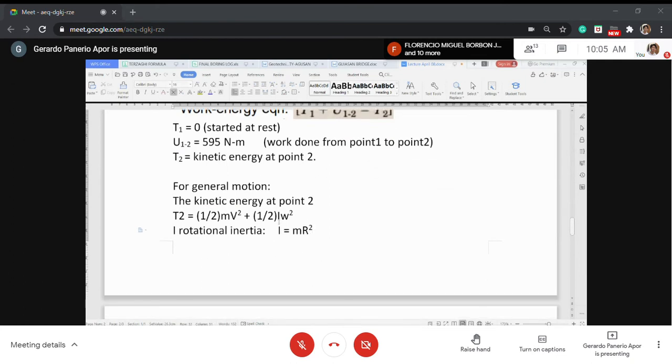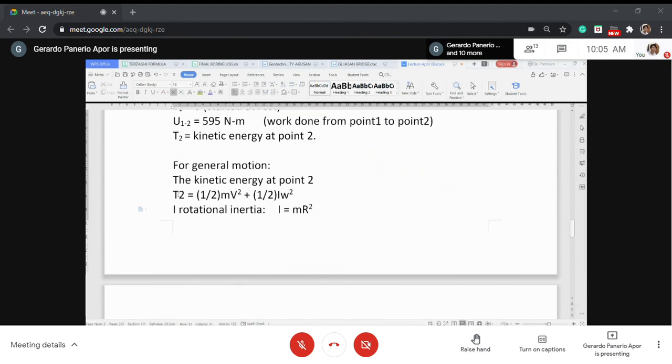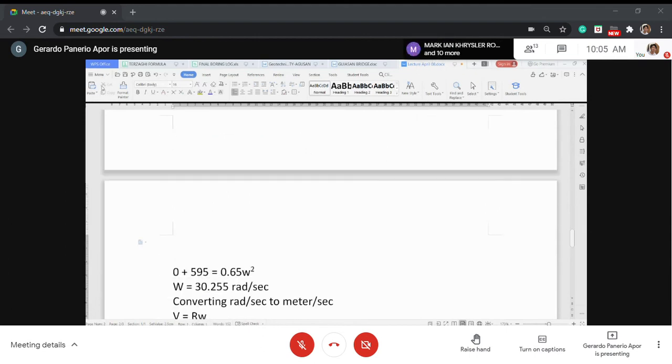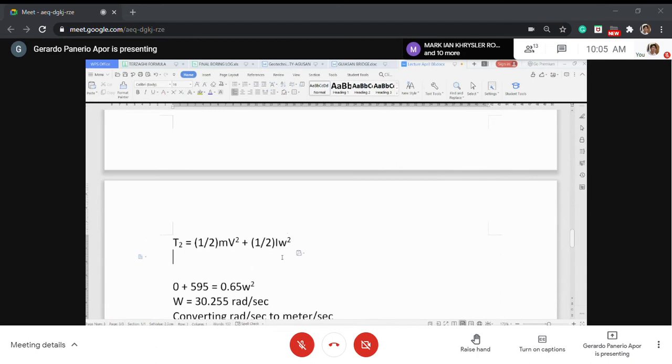we will have, substituting I equals mk squared to the equation of kinetic energy at point 2, it will become, may k squared there. Okay?